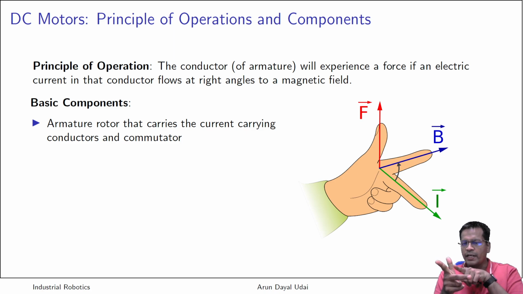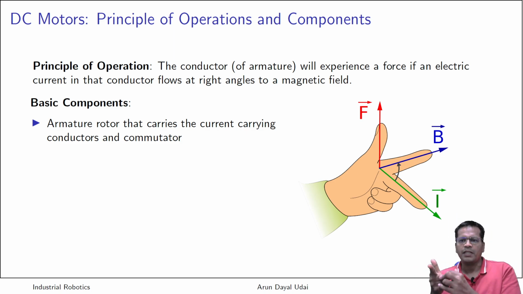So if there exists a field and there is a conductor which is carrying a current, if these two are orthogonal to each other, in a mutually perpendicular third direction you will have a force acting on this conductor which is carrying the current. So this is basic high school physics that you might have gone through definitely. That is the first thing which is used when we make any motor like a DC motor.